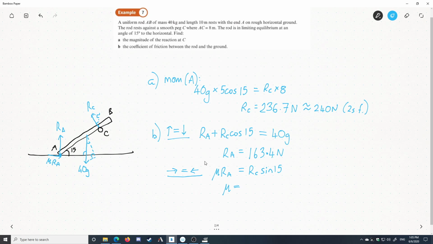So if we just put in our values from above, we get a value for mu of 0.37 to two significant figures. There we go, and that's our first example done. That's a pretty typical example, so hopefully that makes sense to you. We'll look at a slightly different one next.